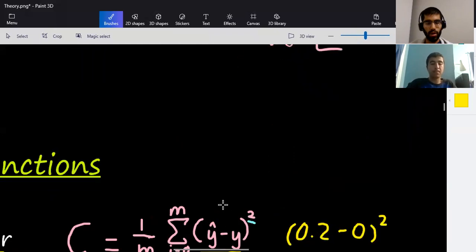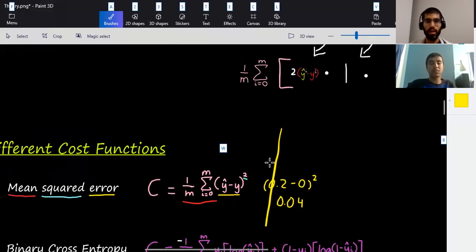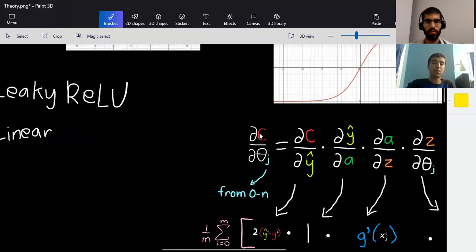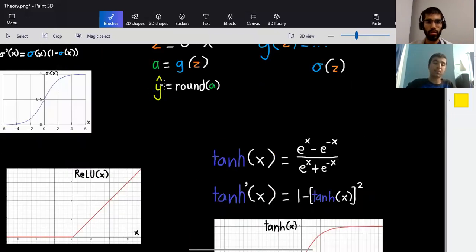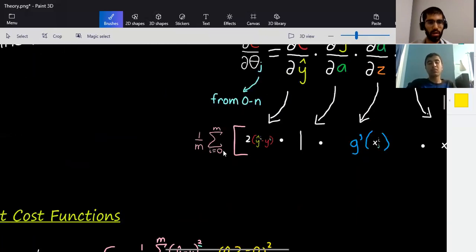So honestly, I know it says y hat here, but just pass in the activation values and then round at the end. Imagine instead of putting in 1, you're putting in 0.99. It's not too big of a difference, but it gives you a little bit more precision in the cost function. So don't round up here and then pass in the rounded y hat value, just round at the end.